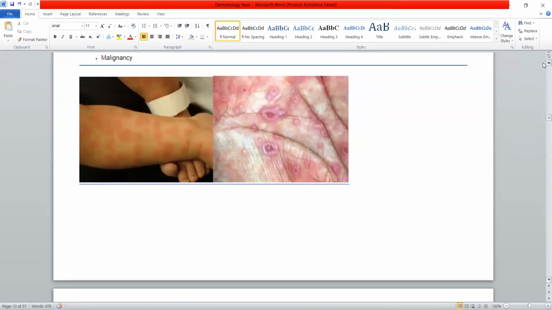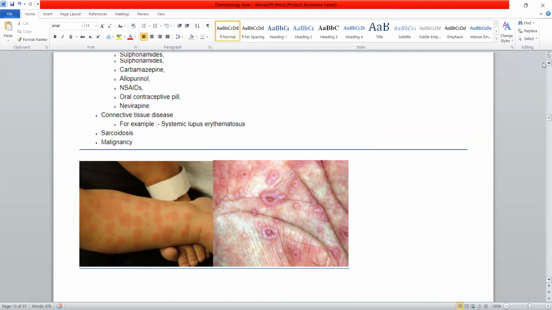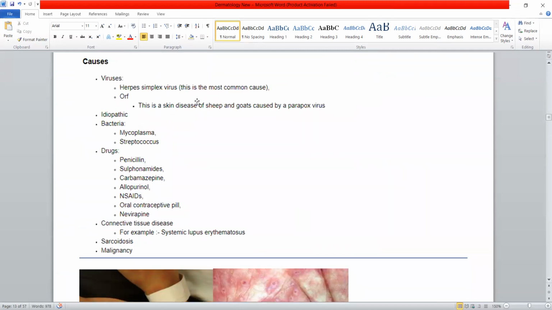So erythema multiforme is a target-like erythema that starts on the back of the hands and feet and then spreads to the body. The most common cause is herpes simplex virus, the bacteria that can cause it is mycoplasma, and the drug that can lead to it is penicillin, such as amoxicillin.